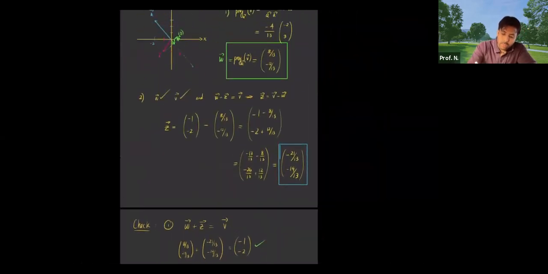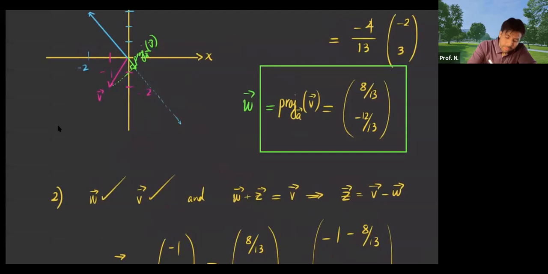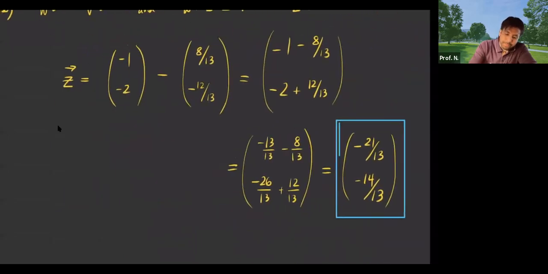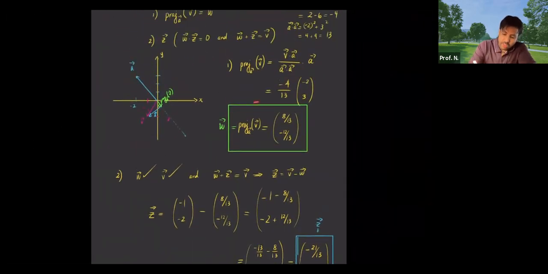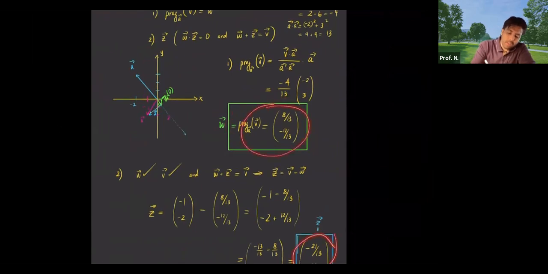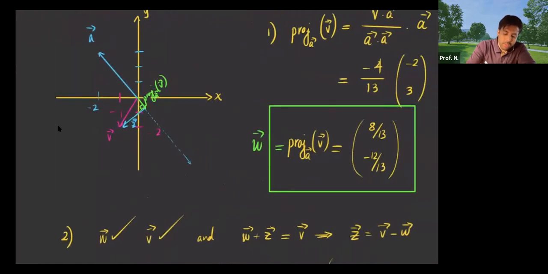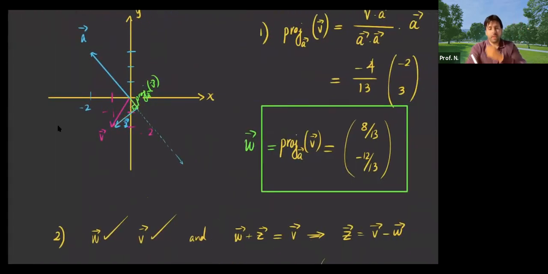One of the vectors would be this vector here, this would be Z, which is what I found here. And I found W, which is the projection of V along A. So these two vectors, when you add them up, give you the vector V, and whose dot product is 0, indicating that these two vectors are orthogonal.